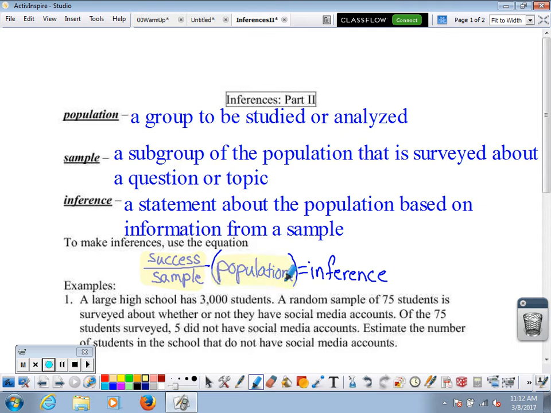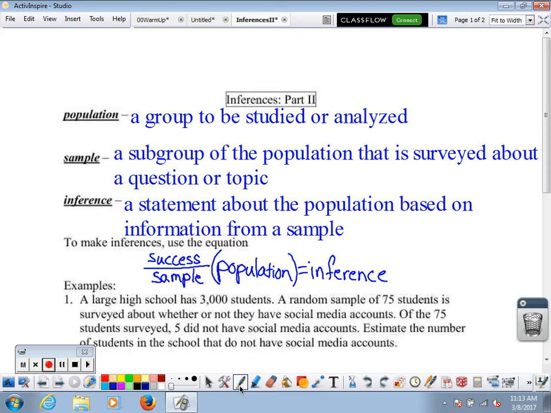Well, that would be the population. So we multiply that percent by the entire population, and that gives us how many times we can expect that to happen. Our inference about that population. Okay? It's pretty much the same equation. We're just putting some different language on it, a couple of different words, but it still means pretty much the exact same thing. So let's take a look at some examples.